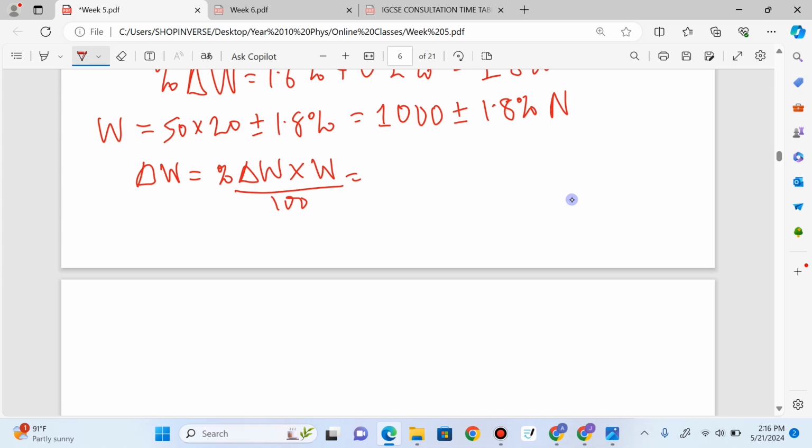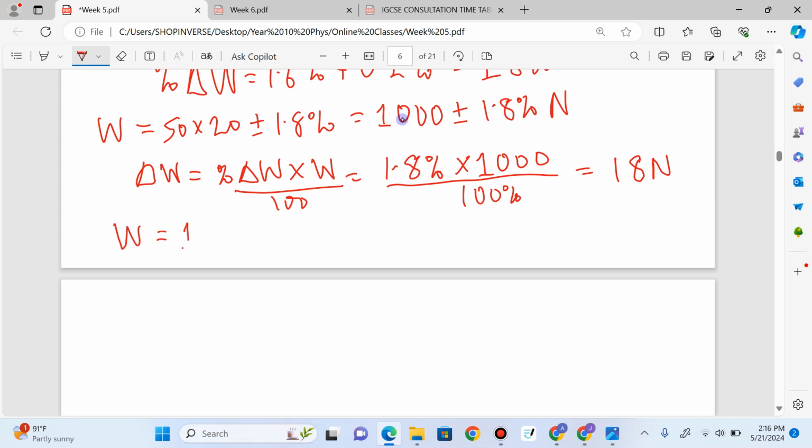So percentage uncertainty in W is 1.8%, multiplied by the value of W, which is 1000. That is the actual value of W. And I'll divide my result by 100. If I do all of this, I will get 18 Newton. That simply means the value of W equals 1000 plus or minus 18 Newton.